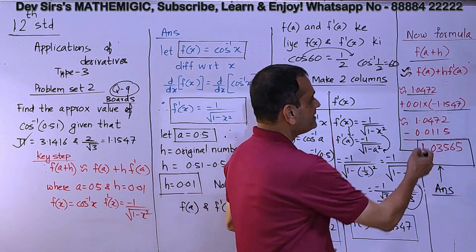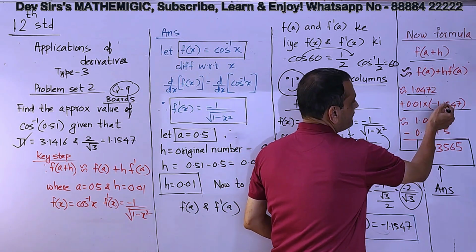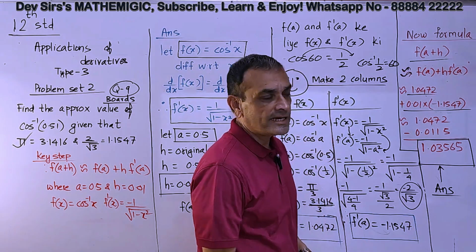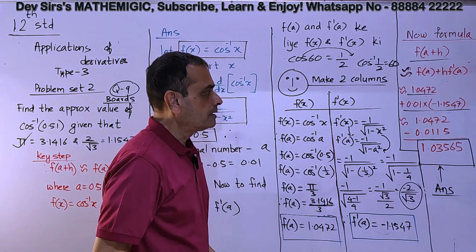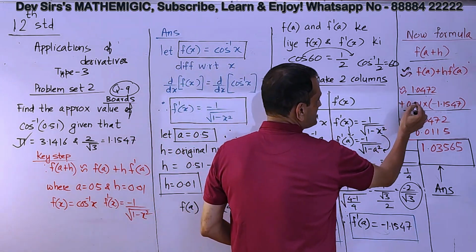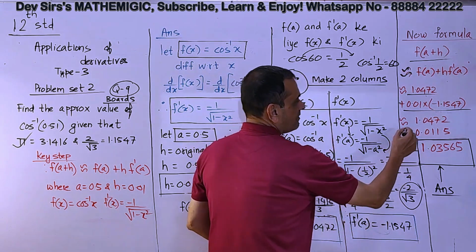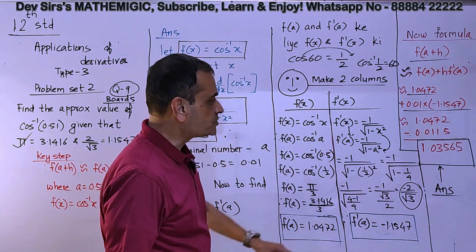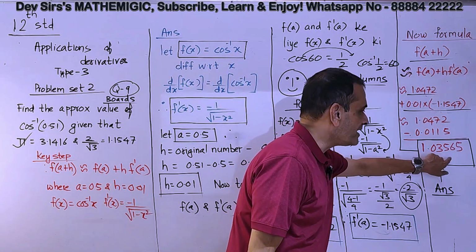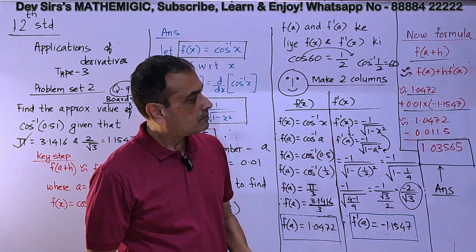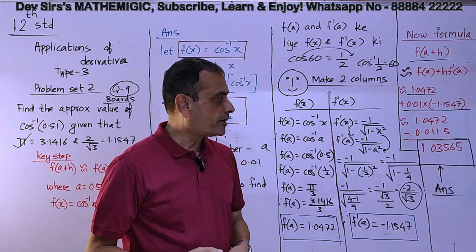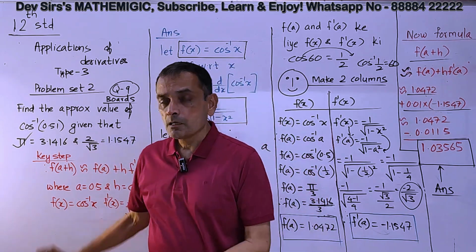Okay, when you multiply this by 0.01, point will shift to the left by 2 places. दो जगह left side को आ जाएगा, right? Now finally plus of minus is minus. So 1.0472 minus this gives you 1.03565. Now that is our final answer. Cos inverse 0.51, which was asked.